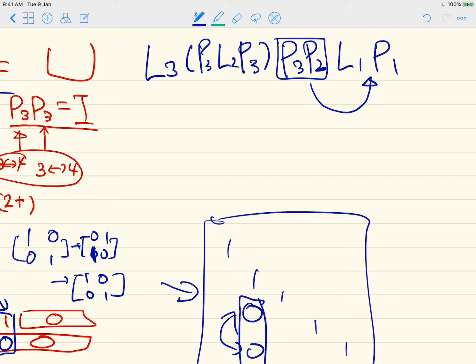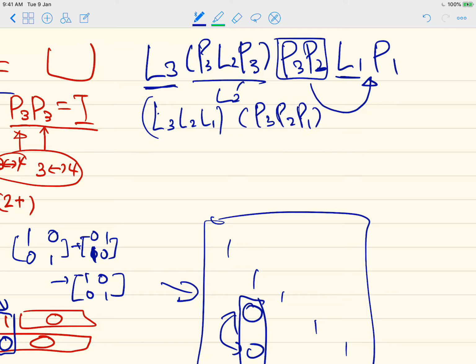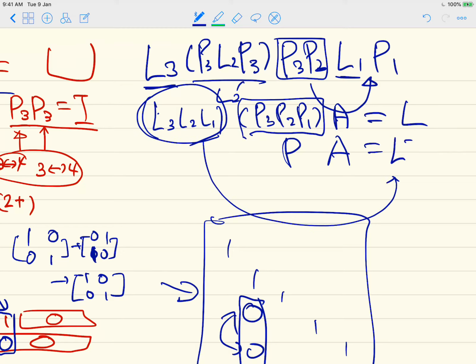So in that case, we will have L3 and L2 prime and L1. That way we have a product of all L's, and then the product of all P's, right? And that way we obtain this whole product of permutation times A equal to this part, and its inverse will be placed over here, and then we have an LU. Okay.